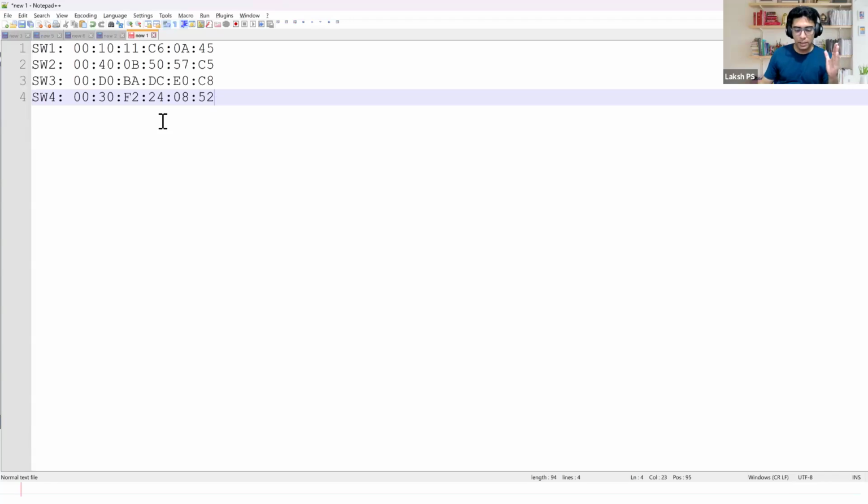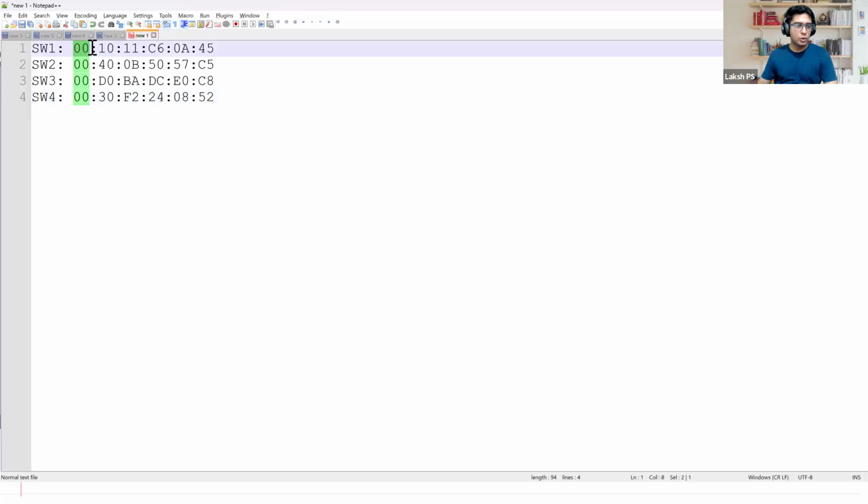We know that the MAC addresses are compared from left to right, right? You can see the first two hexadecimal digits of each switch's MAC address is 0. So again, that's a tie. Then one, we have these four. Obviously, D is the highest of them, so that is out of the race. 3 and 4 are larger than 1, correct?